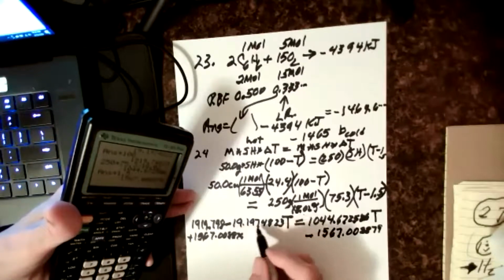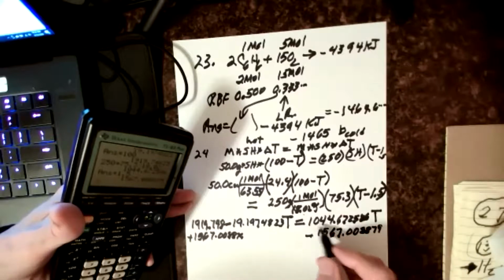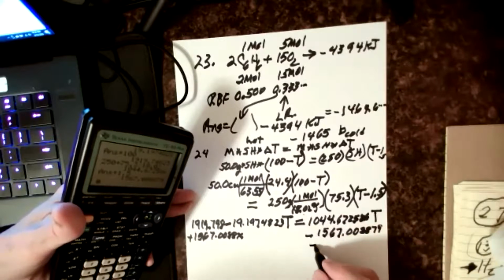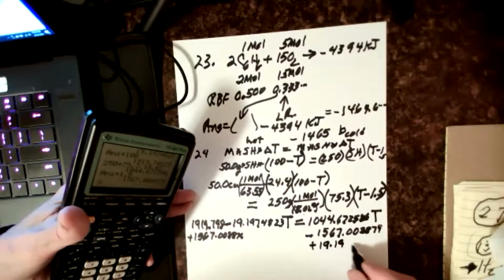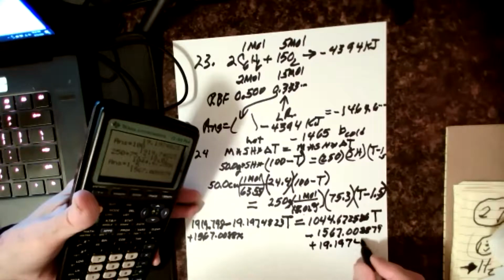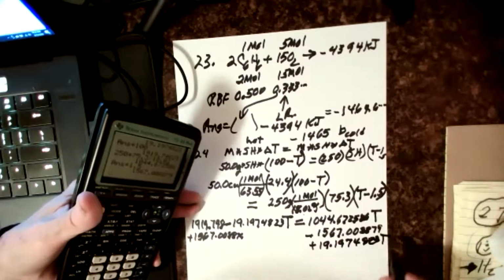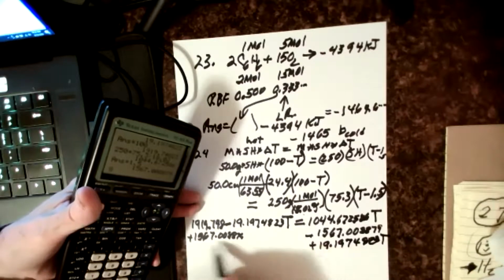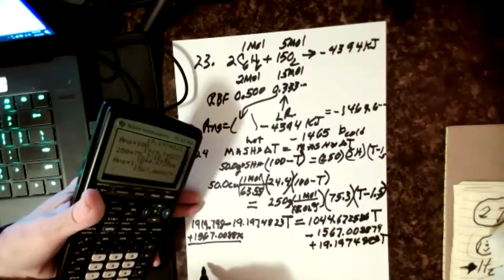So that means this will disappear. And over here, I'm going to add plus 19.1974823 T. Now, when I'm done, I'll get this and this plus this equal to each other.